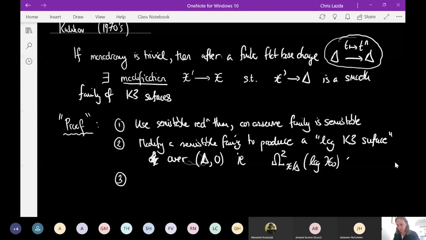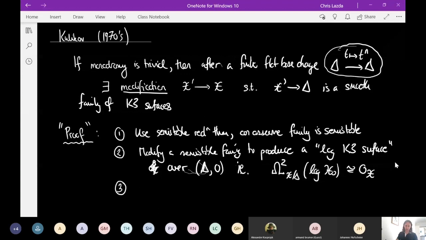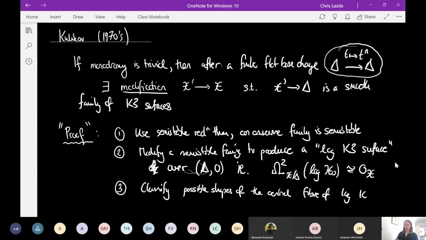Okay, so we take our family, we make it semi-stable after a finite base change, we make a modification to make it logarithmic, and then the final step of the proof is essentially to classify possible shapes of the central fiber of log K3 surfaces.